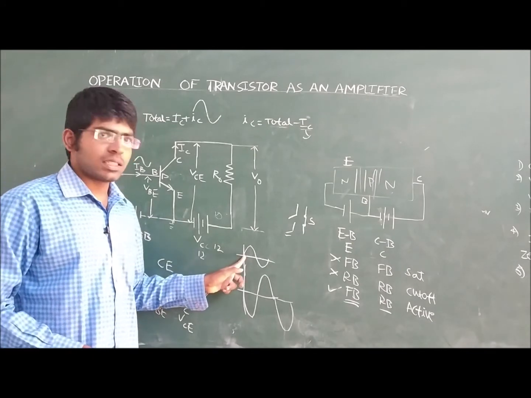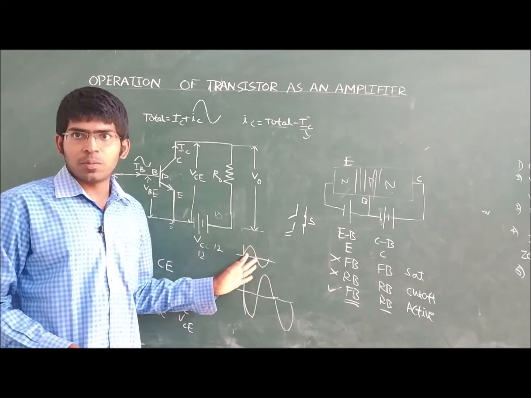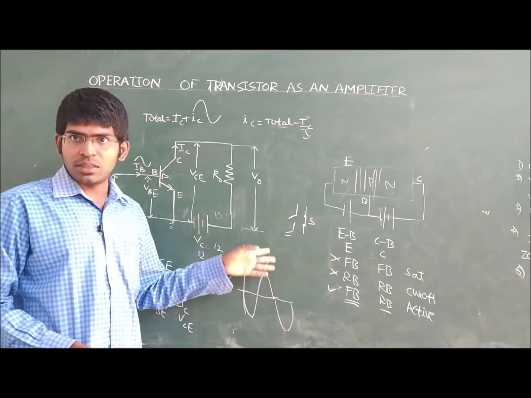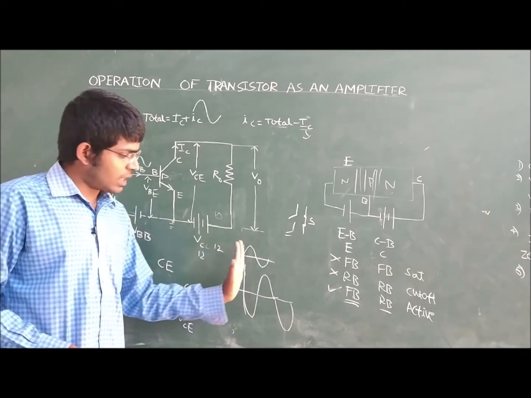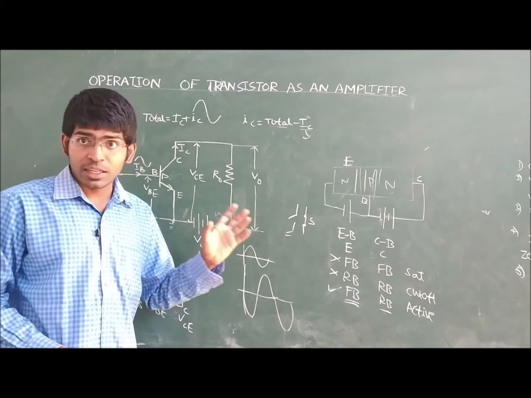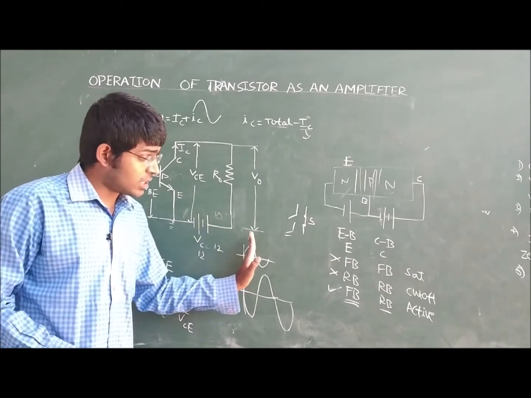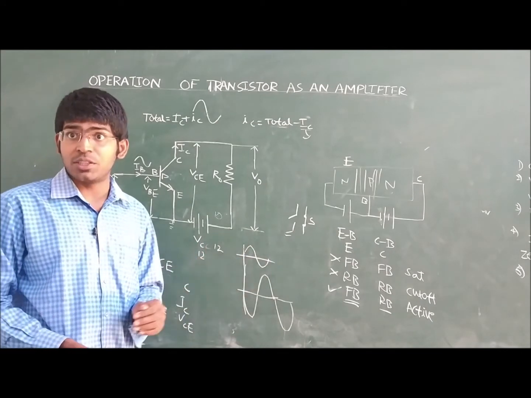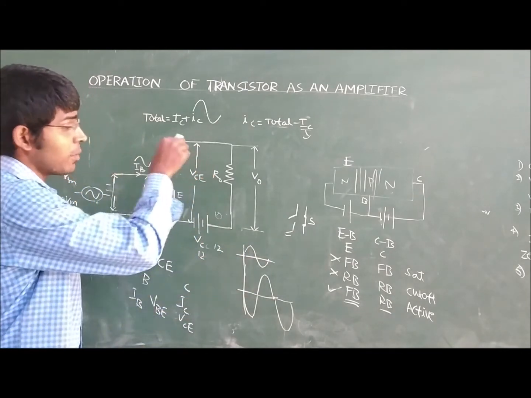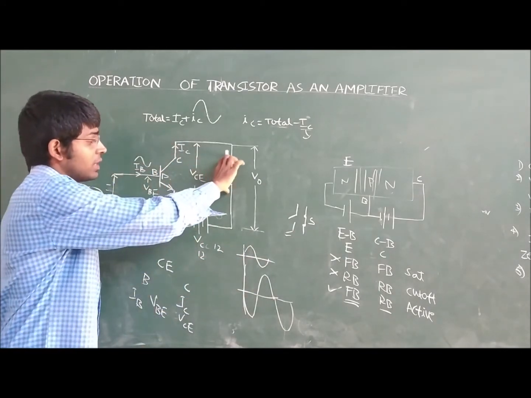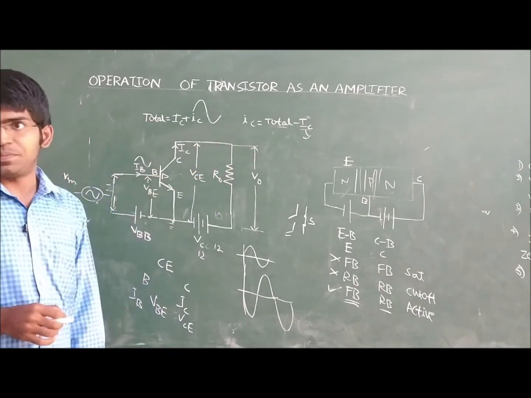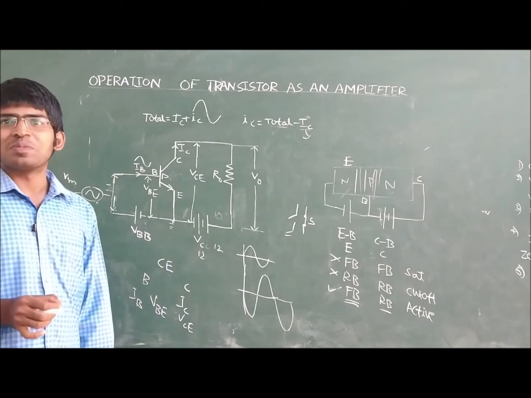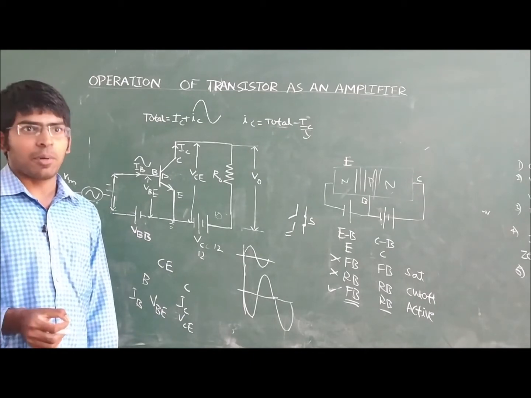But whatever signal we are giving at the input, exactly the reverse of the signal appears at the output. Technically, we call it shifted by 180 degrees. Exactly, this is the 180 degrees phase shift output. This is the amplified output, we are receiving it at the resistor. So this is how a transistor is operating as an amplifier.